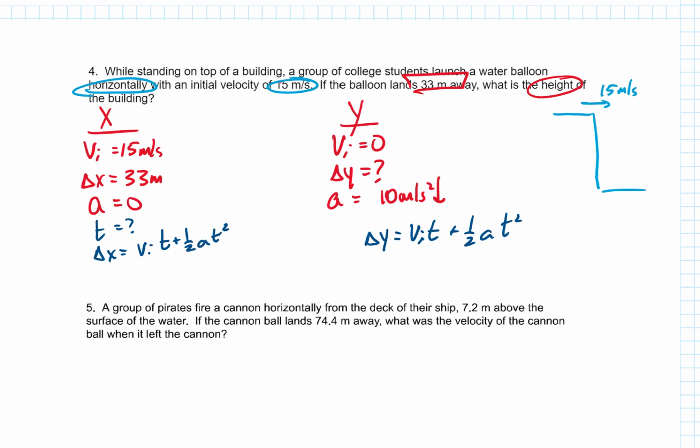So delta X, 33, is equal to 15t plus 1/2 times 0 times t squared. Well, that 0 part goes away, so I don't even have to worry about this chunk of the equation anymore. We'll divide both sides by 15, and my time comes out to be 33 over 15.